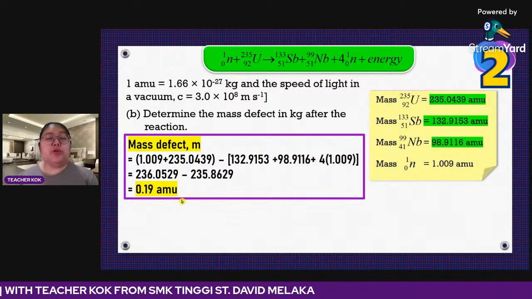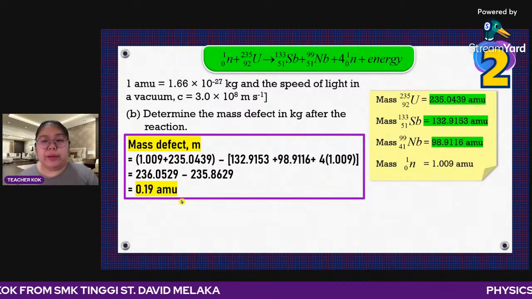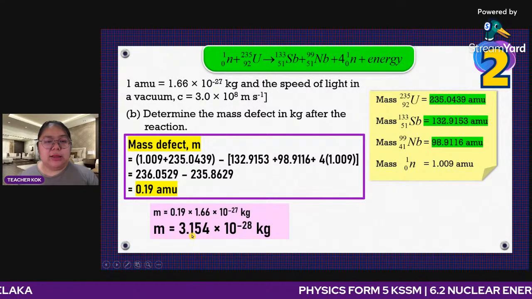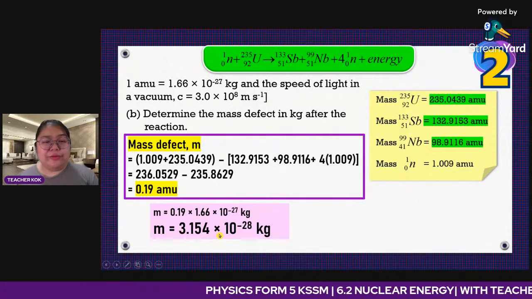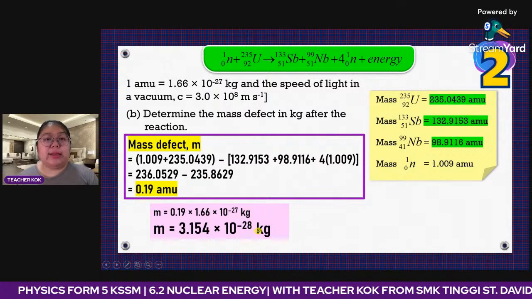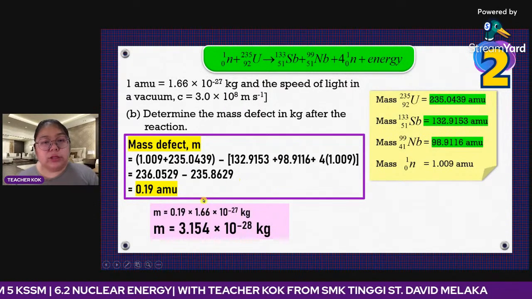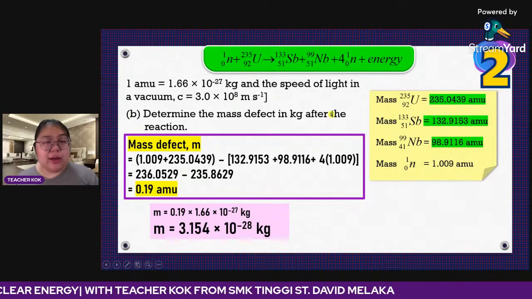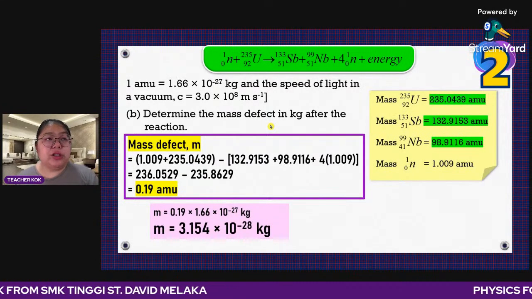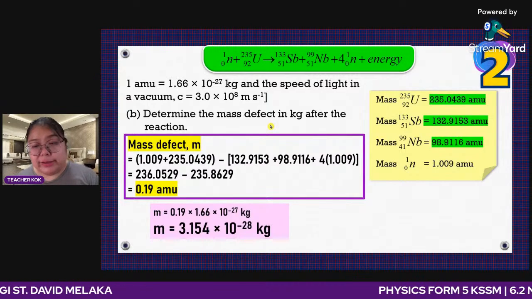Yes, AMU. Then I need to convert to kilograms. So I multiply, and I get 3.154 times 10 to the power of negative 28 kilograms. This we call the mass defect, from the nuclear fission. Nuclear fission has more numbers, so you need to minus.